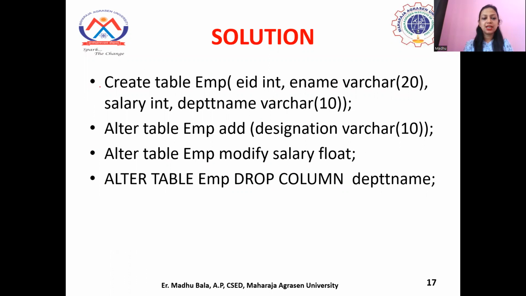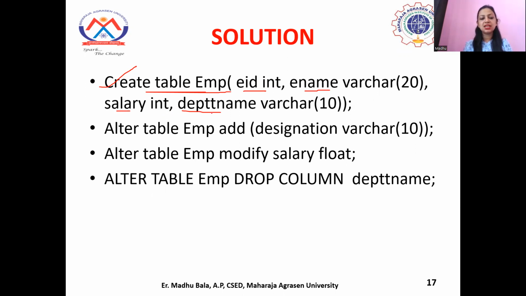With the help of the CREATE command, I am writing here CREATE TABLE EMP. EMP is the name of the table. I am taking here the EID for employee ID, then employee name, then salary, and then department name. These four attributes I have taken along with their data types, like int, varchar.